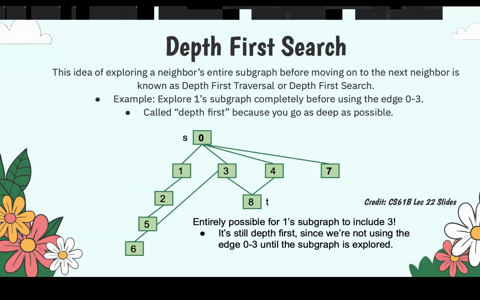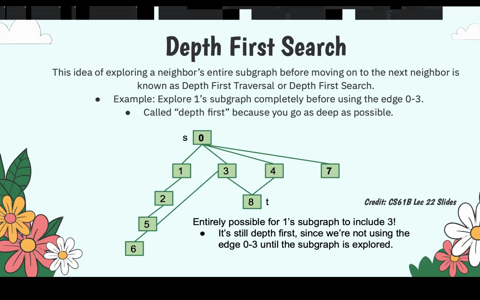Now we'll be moving on to graph traversals and algorithms. Just like we learned about tree traversals, there are also graph traversals. And we have DFS for graphs as well as trees. Depth first search is the idea of exploring a neighbor's entire subgraph before moving on to the next neighbor. Basically, if we're starting at your root node, in this case let's say 0, we have to explore all of 0's children.